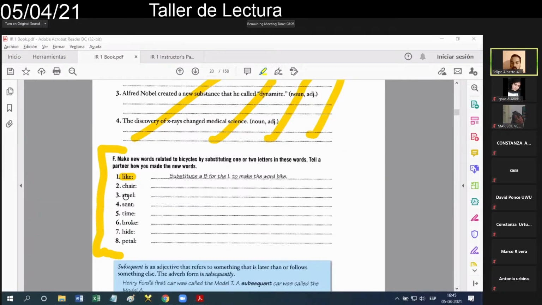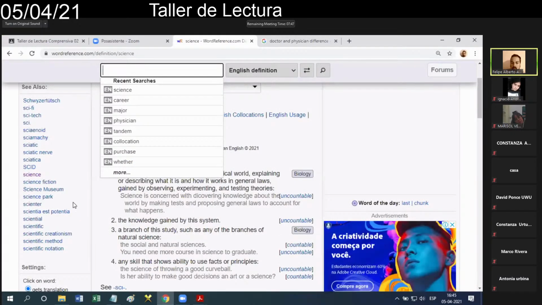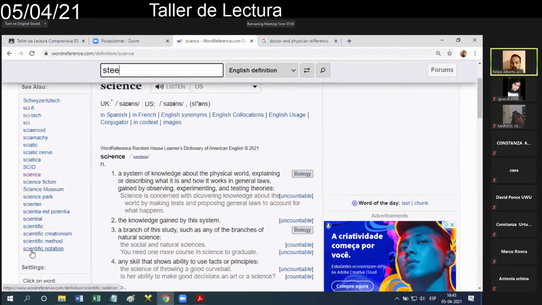Chain, very good. Number 3, steel becomes... To steer.